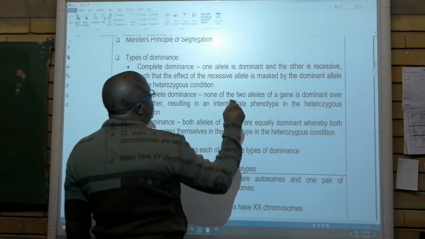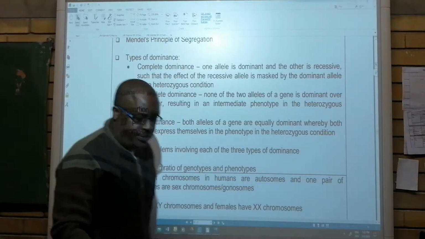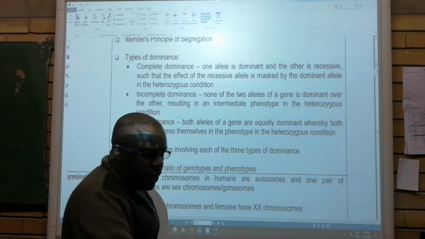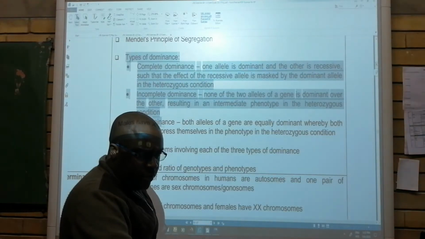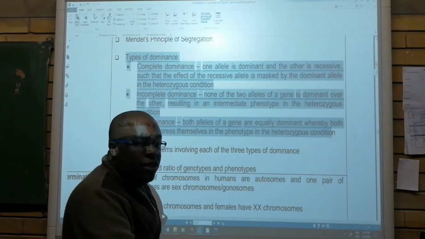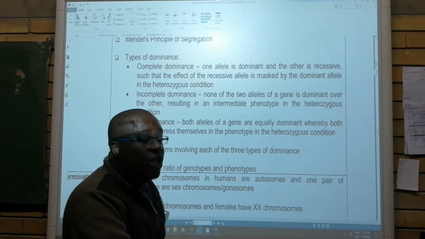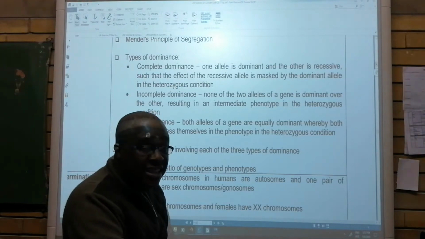So, when you're asked to describe, listen, because these types of dominance are in the exam guidelines. It therefore means that you will be asked what complete dominance is, what incomplete dominance is, and what codominance, which is what we're going to do now, is.